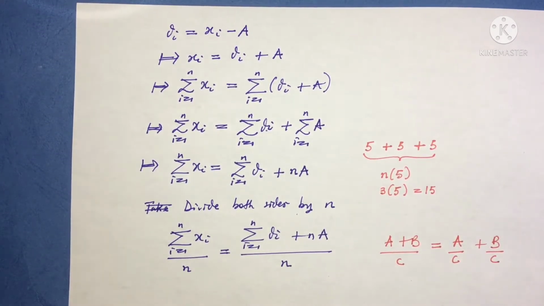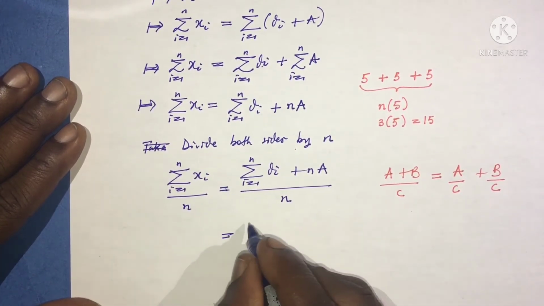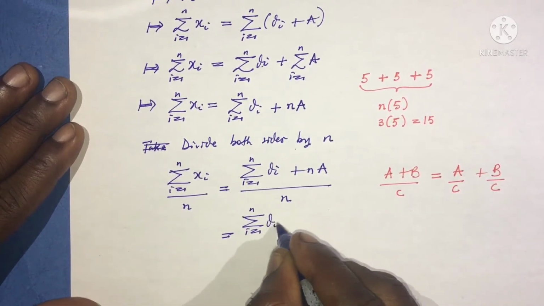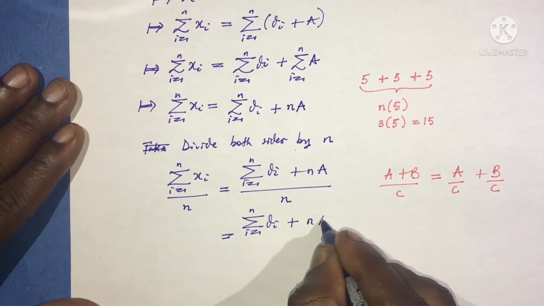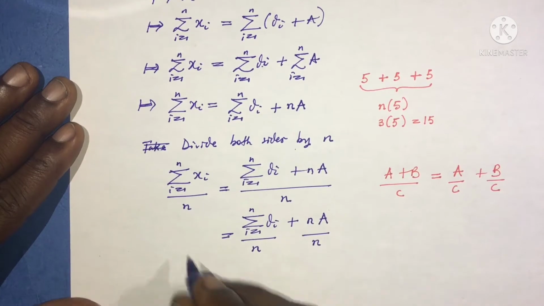So by this simple rule of algebra, we would end up having the right hand side becoming summation from i equals 1 to n of di all over n, plus n a all over n.